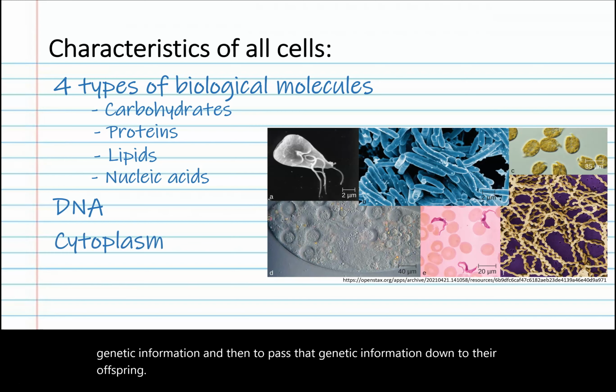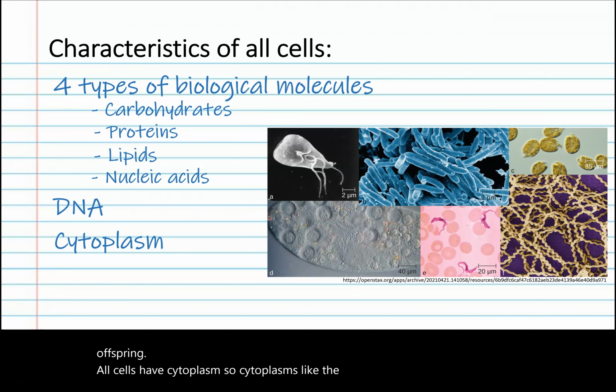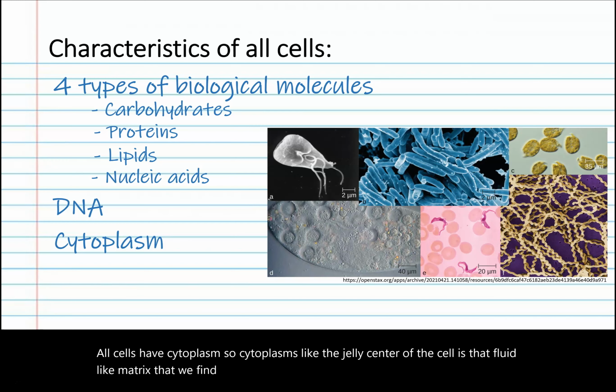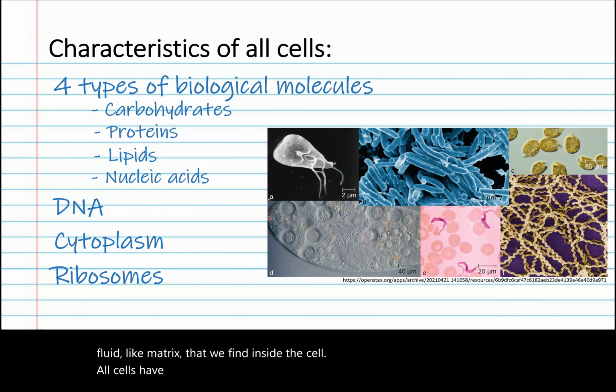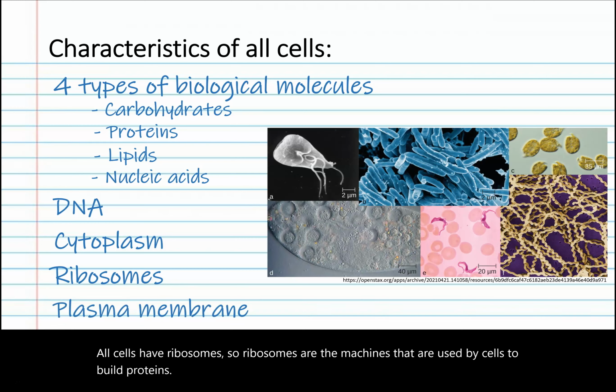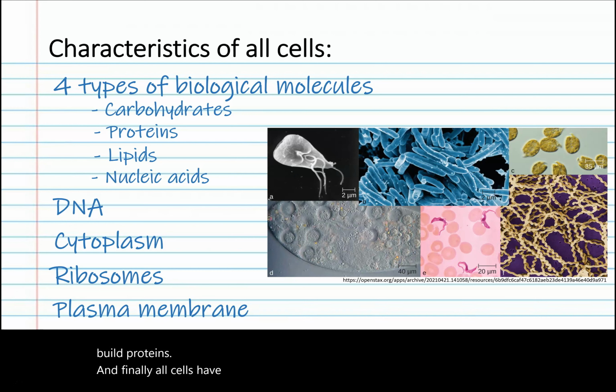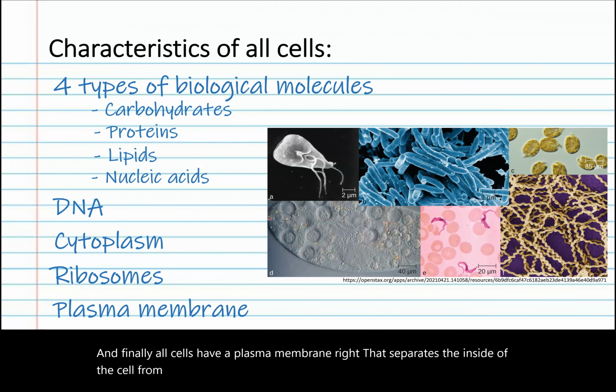All cells have cytoplasm. So cytoplasm is like the jelly center of the cell. It's that fluid-like matrix that we find inside the cell. All cells have ribosomes. So ribosomes are the machines that are used by cells to build proteins. And finally, all cells have a plasma membrane, right? That separates the inside of the cell from the outside environment.